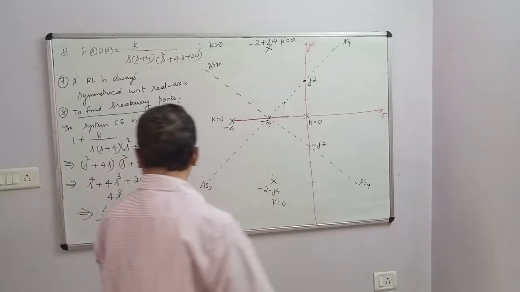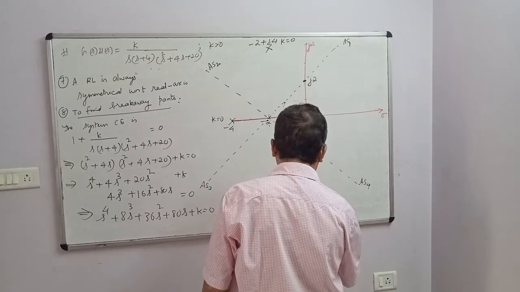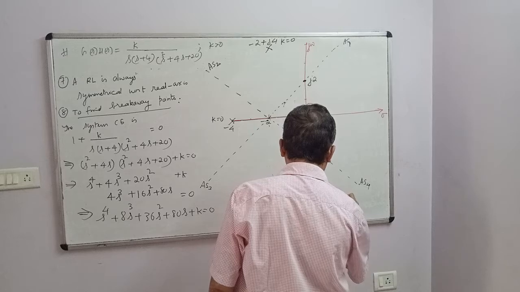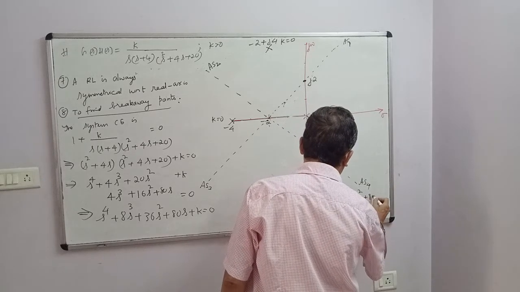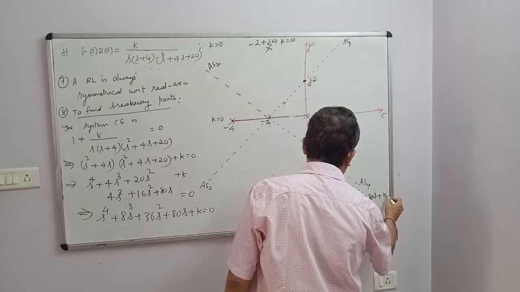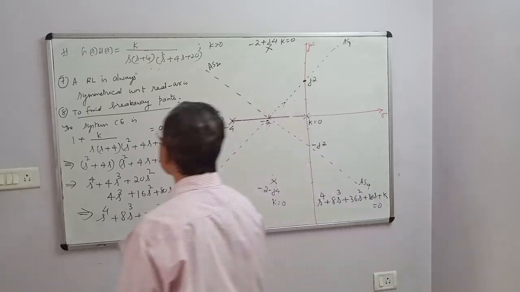So I'll write the characteristic equation over here: s to the power 4 plus 8s cube plus 36s square plus 80s plus k equal to 0.